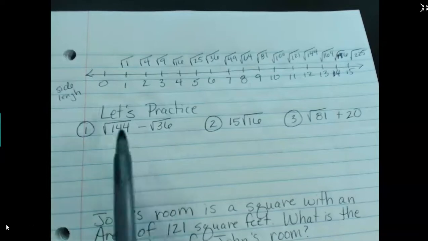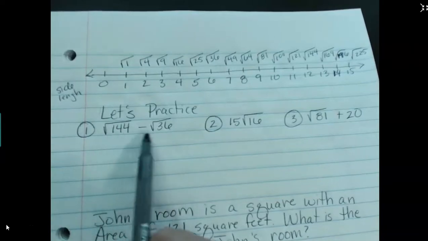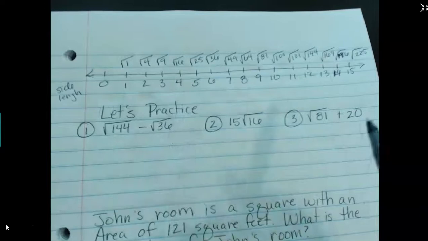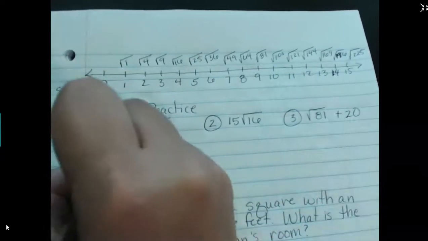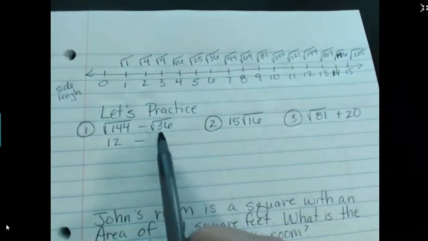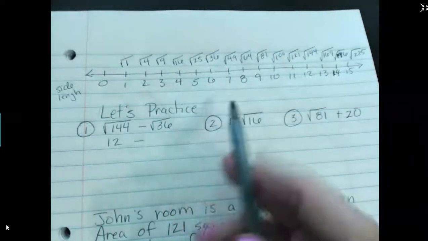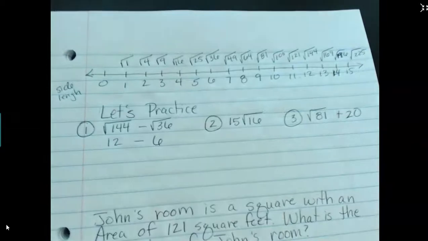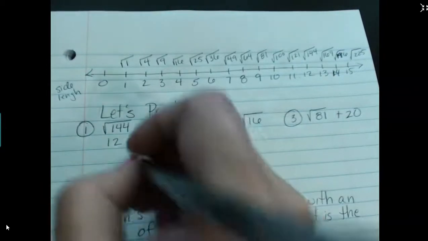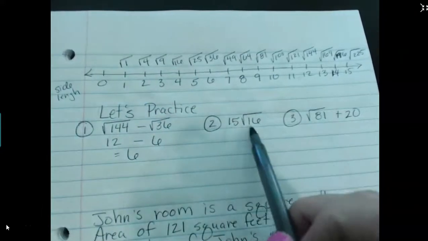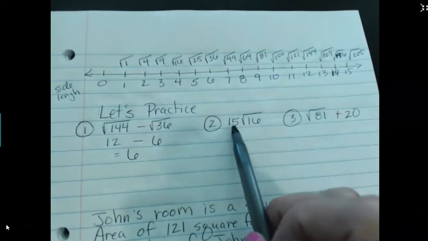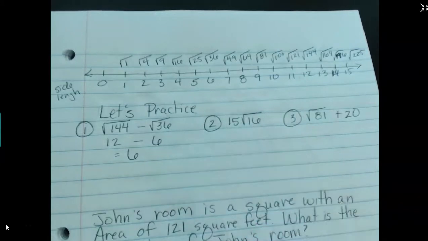Let's practice. We have the square root of 144 minus the square root of 36. So the square root of 144 is 12 minus the square root of 36, which is 6. So 12 minus 6 is 6. Let's do the next one. When they're right next to each other, that means multiply. So we have 15 times the square root of 16. We're always going to start with the square root first.